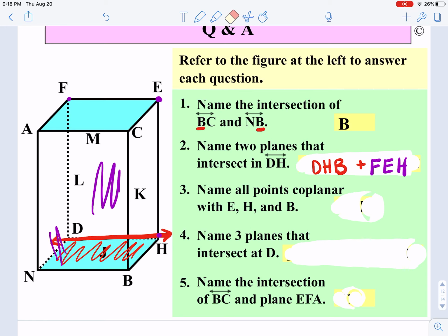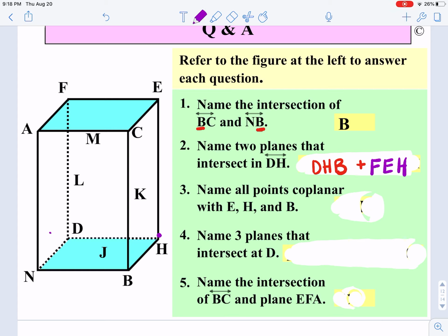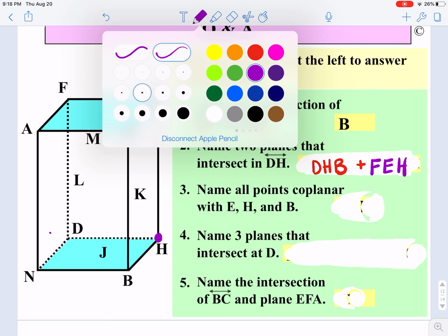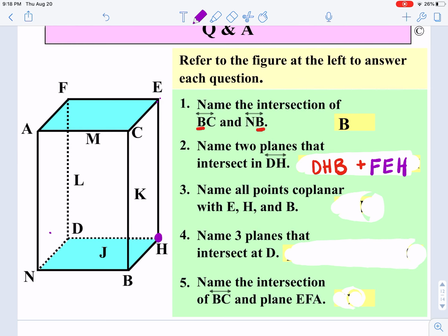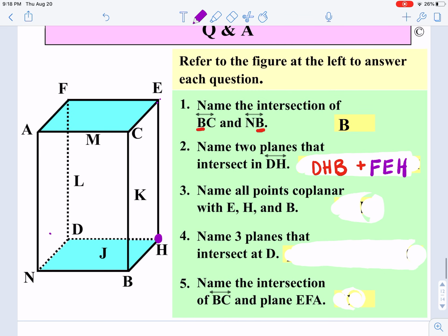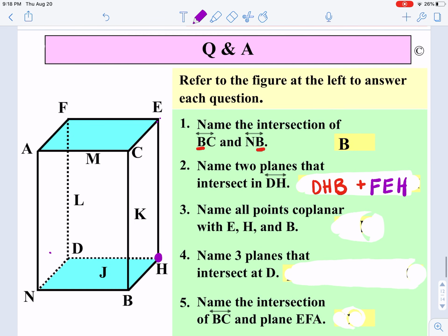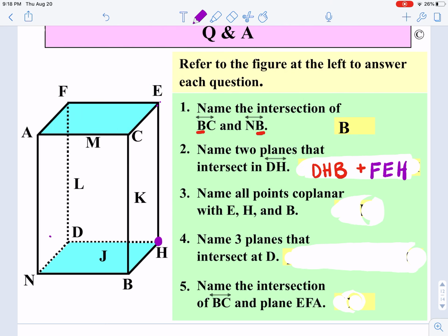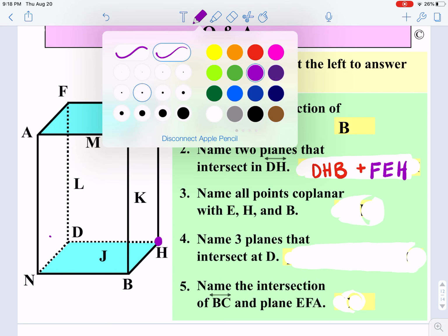Oops. All these colors. Okay, E, H, and B. All right, I have H already highlighted. I have E. I don't know why it's not working. All right, let me try a different color.